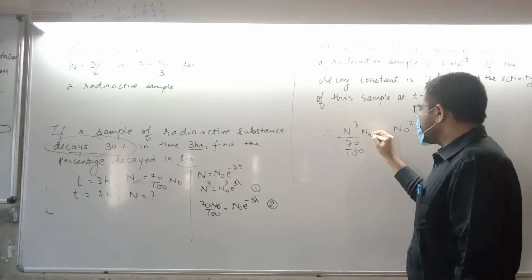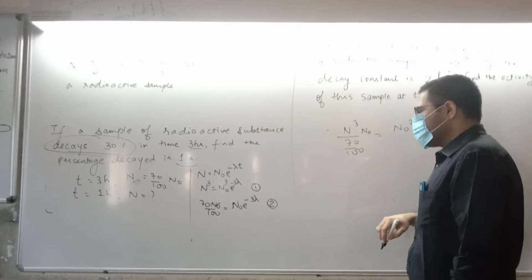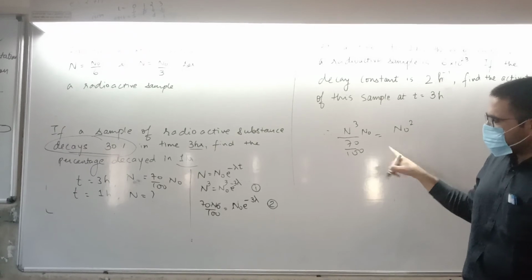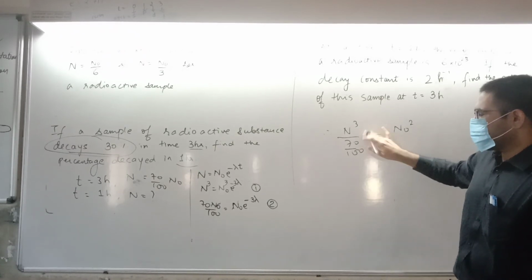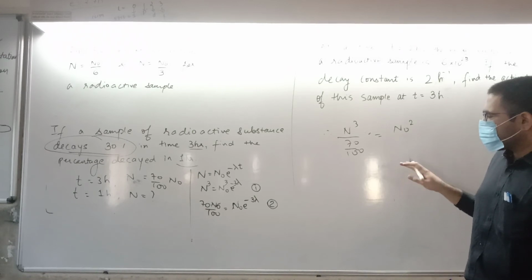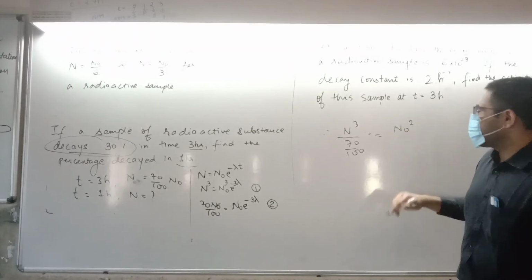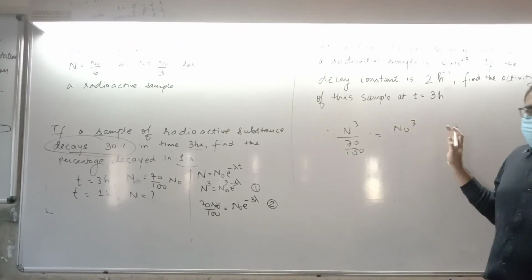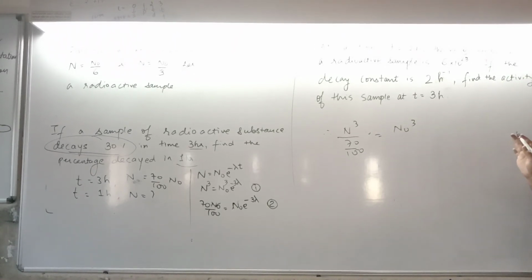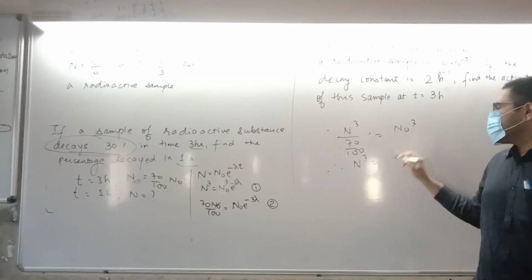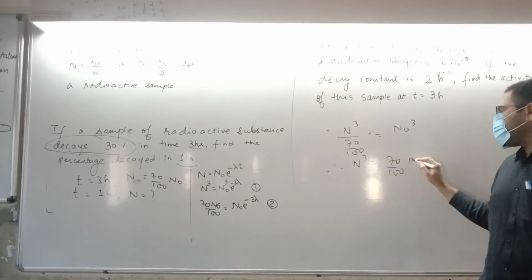Here there is one n0, and below as well, so that is going to be cancelled anyway. So this is what you get. Is it fine? You will get n cube is equal to 70 by 100 n0 cube.